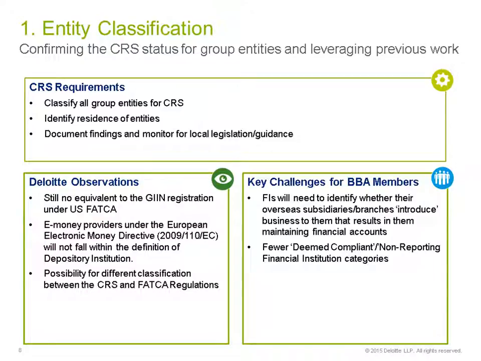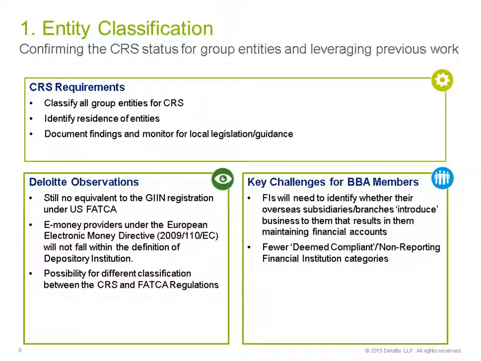In terms of some key challenges for BBA members, we would recommend that you review the classifications that you made for FATCA, confirm that they still apply for CRS, and also look at where overseas subsidiaries or branches introduce business to them and that result in the UK maintaining a financial account. Check those relationships.